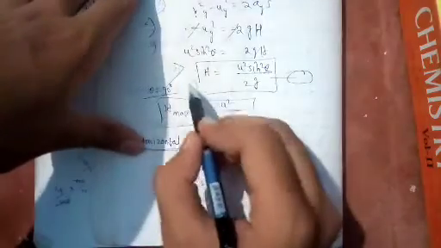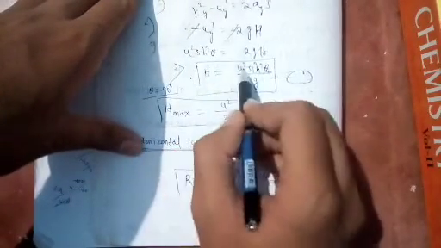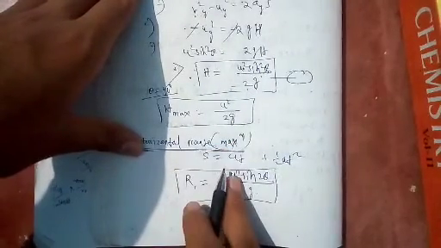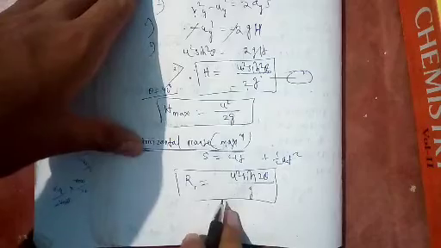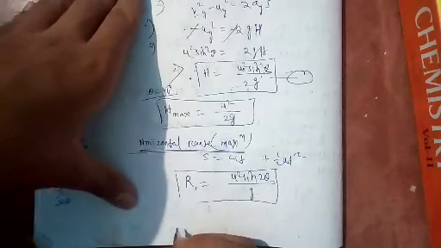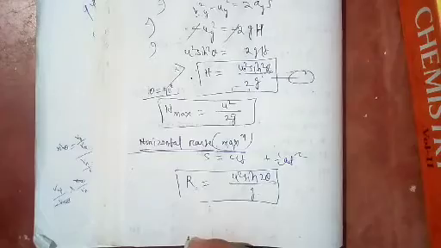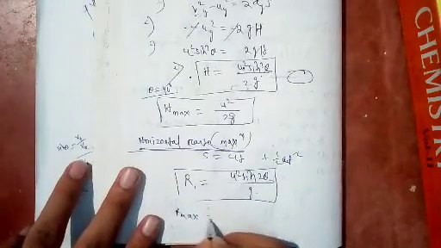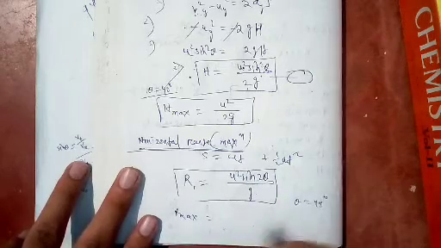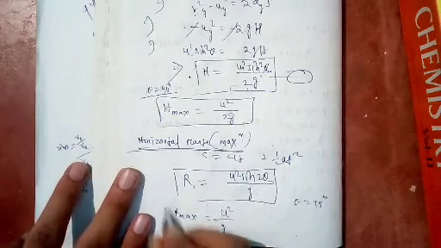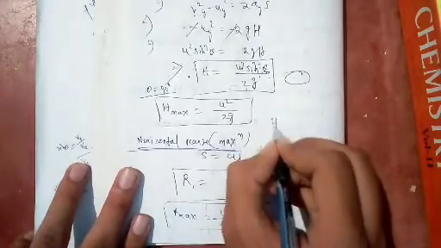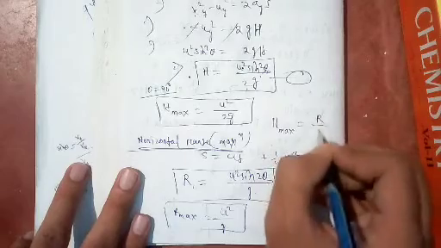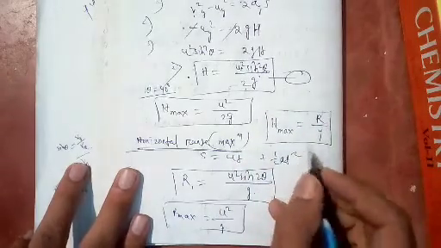But the only difference is maximum height is equal to u square sin square theta upon 2g, while here the range is equal to u square sin 2 theta upon g. Okay, so here r max is when theta is equal to 45 degree, that is u square by g. So h max is equal to r by 4.